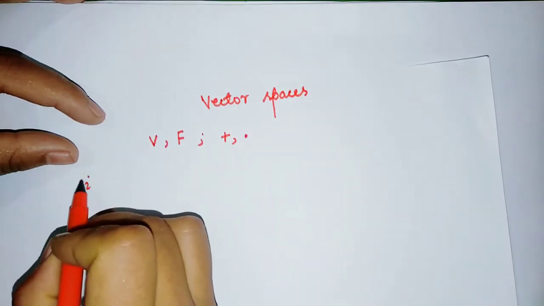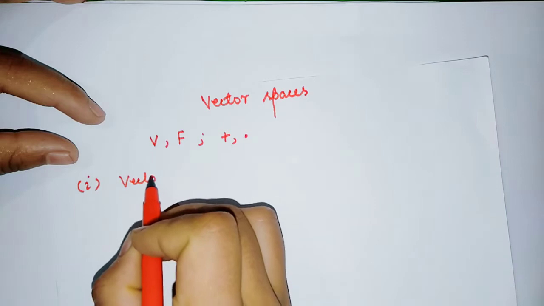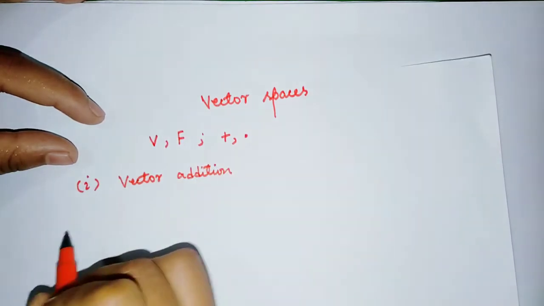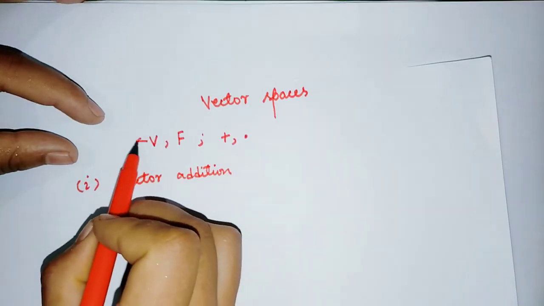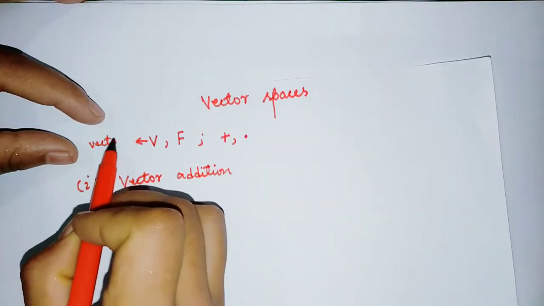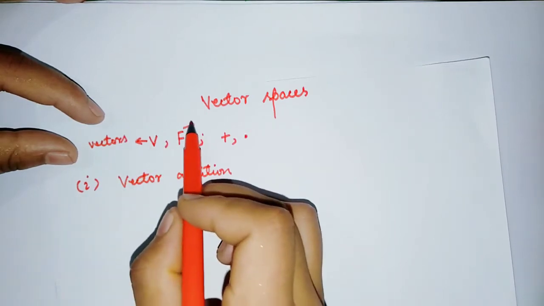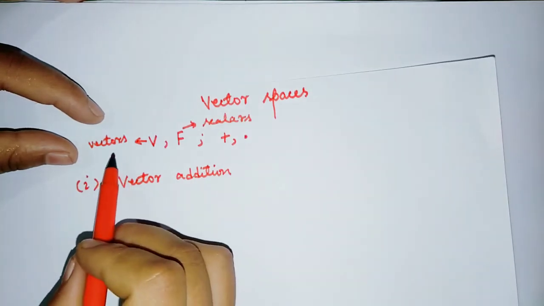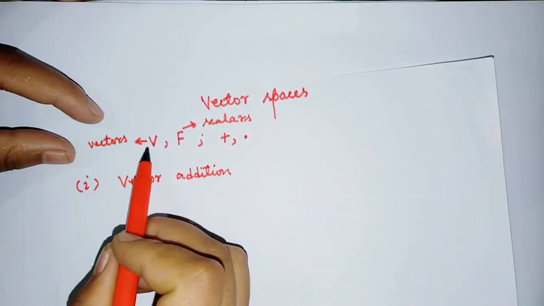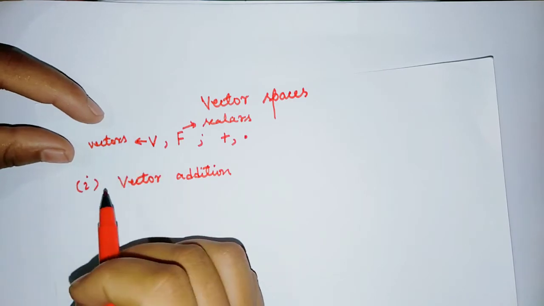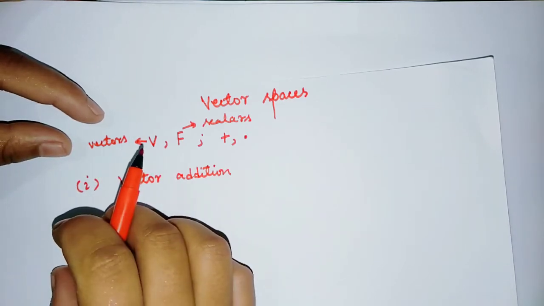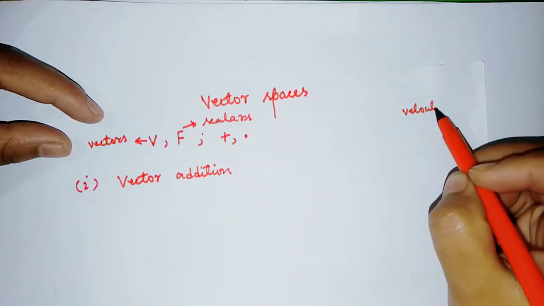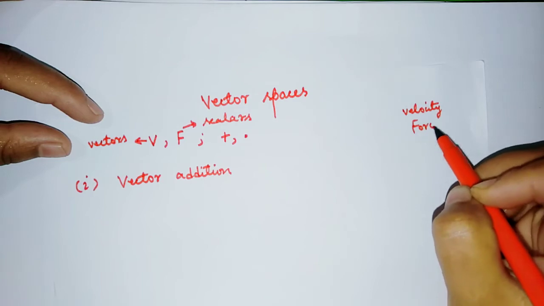So the first one, vector addition. Note that the elements from V are called vectors and those from F are called scalars. You should not confuse vectors used here with the physical quantities, those vector quantities such as velocity, force, and so on.